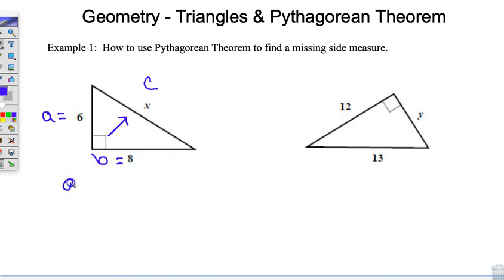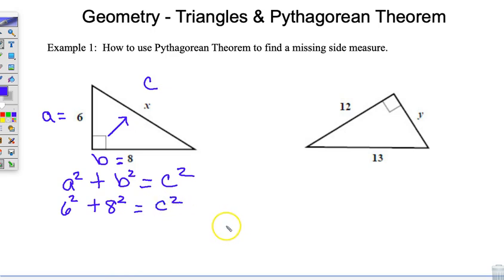So if I write down Pythagorean's theorem, it's A squared plus B squared is always equal to C squared. So if I go ahead and replace my A value with a 6, because that's what it's equal to, 6 units, and the B with an 8, I'm going to set that equal to C squared.